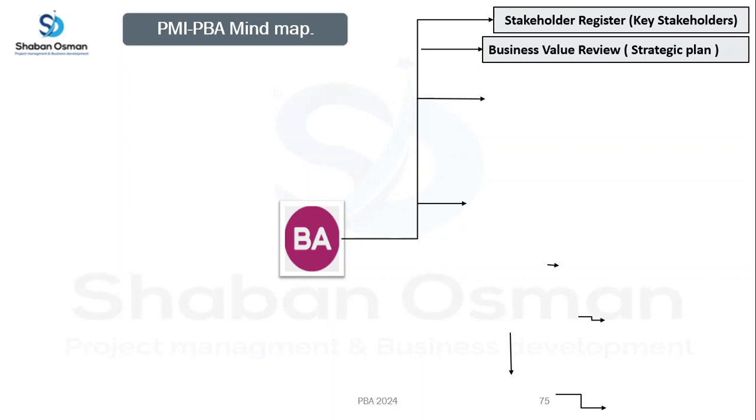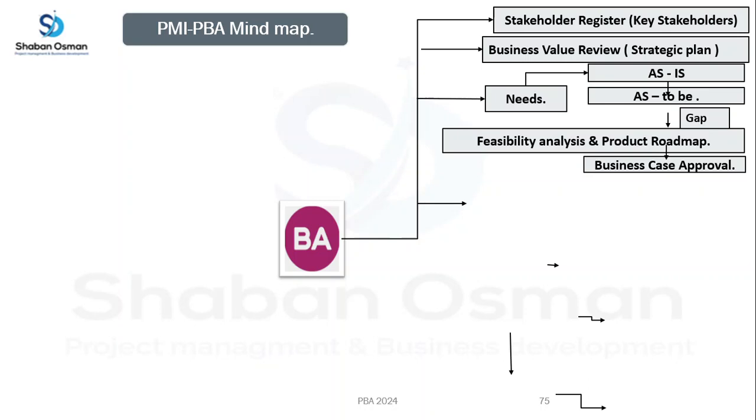The next step after you assess the business value is the need assessment or business value assessment. The output from business value assessment will be the existing problems, which is the difference between the expected value and the actual value, also the expected opportunity.